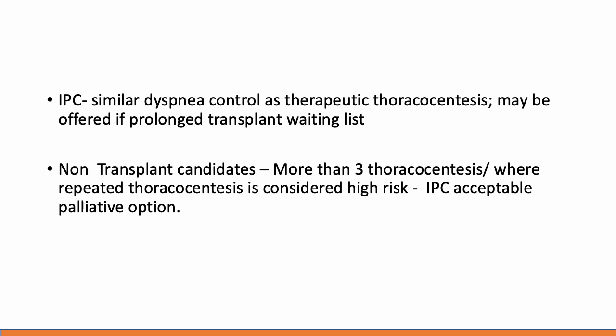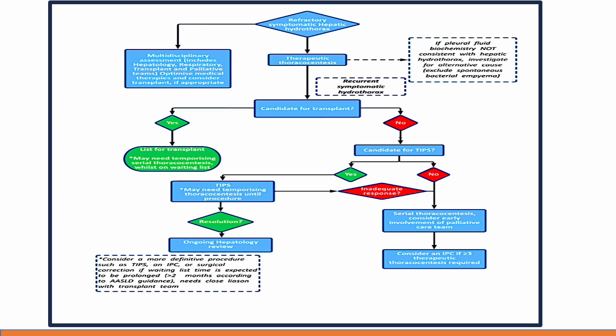If your patient is a non transplant candidate or cannot undergo transplant, and has more than 3 thoracenteses, or you cannot repeat thoracentesis because of bleeding risk or otherwise, then they say IPC will be a good palliative option. So it's very clear. If you can give them definitive treatment in the form of a hepatic transplant, that's better. If you cannot, or the waiting is too long, you can do an IPC.